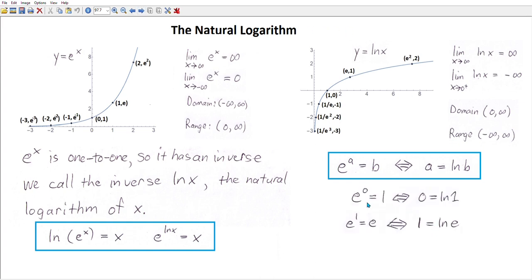And we compare here, e to the 0 is 1, which means the log of 1 is 0. e to the 1 is e, which means the log of e is 1. Log of 0 does not exist. We can see that here. It isn't in the domain. Okay, so basic ideas here. Log of 1 is 0, log of e is 1, log of 0 does not exist.